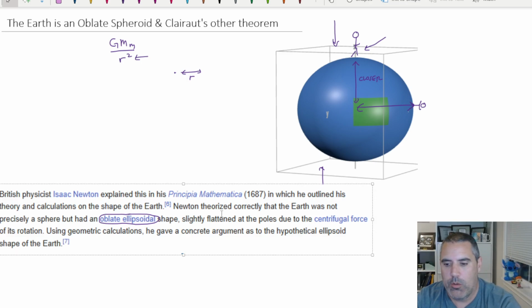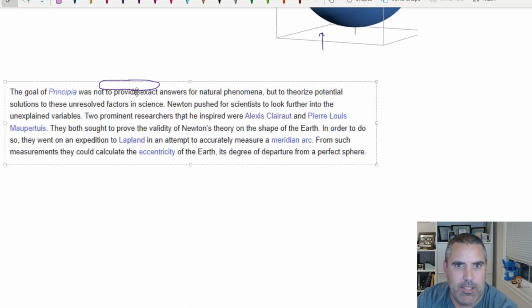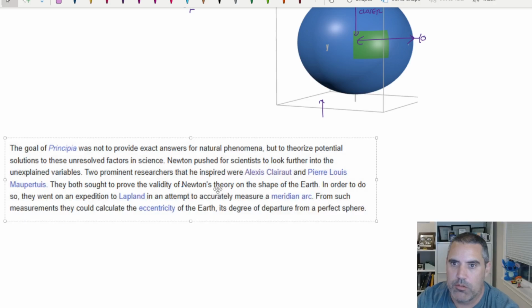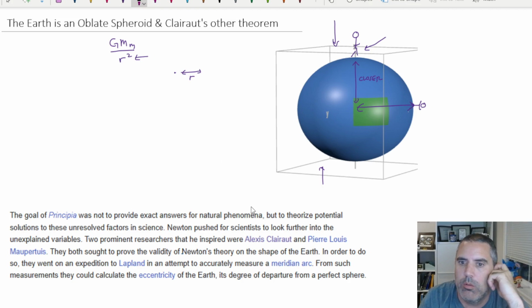Okay, so then people wanted to study this. So that was the late 1600s. Interestingly, two prominent researchers took it on. And one was this French mathematician Clairaut. They actually did an expedition to this very northern place to get a measure of the arc of the meridian, it says, and to try to get a sense of the eccentricity, which is how extreme the difference was.